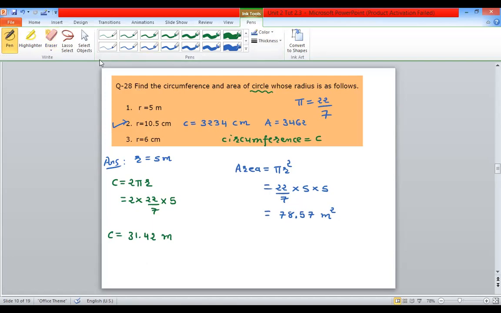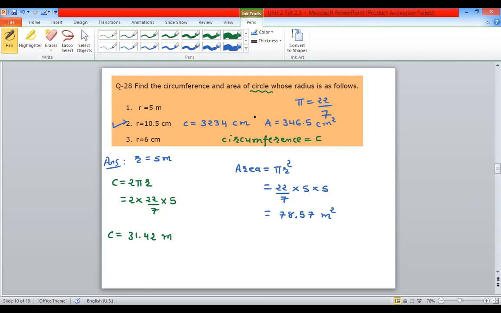Could you repeat the point again? 346.5. No ma'am, after 5 there is nothing. Okay, 346.5 centimeter square. Okay, done. It's centimeter square. Very good.